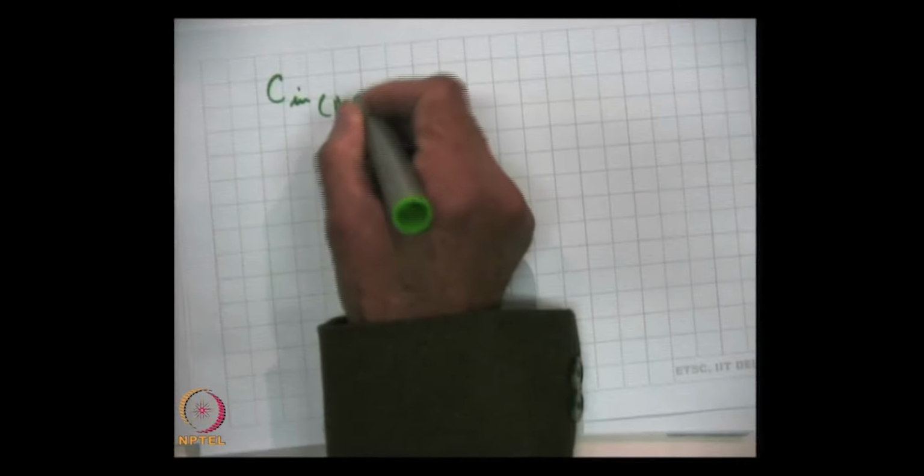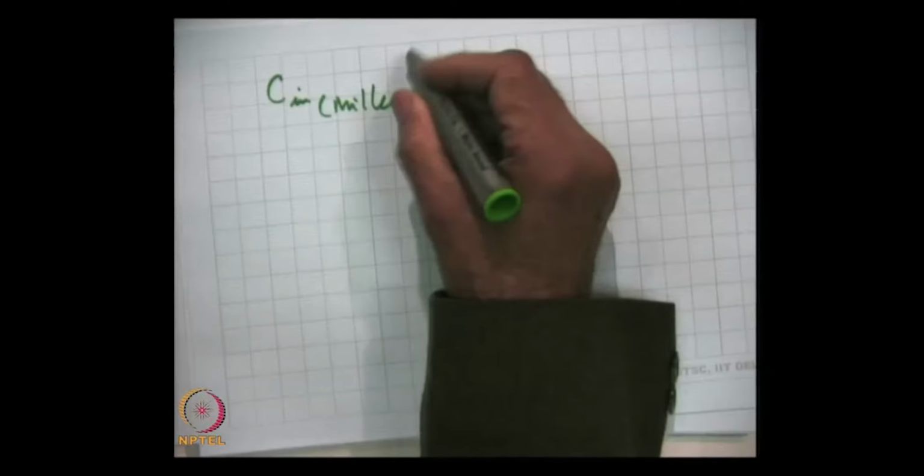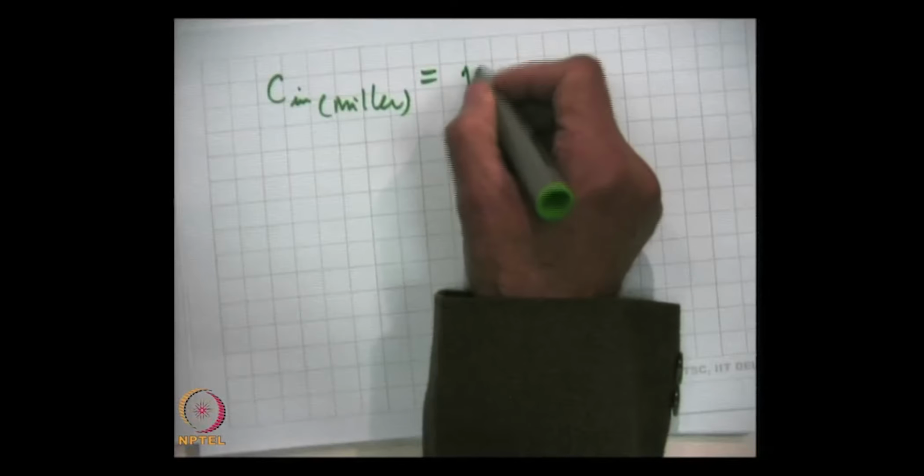Gain we have taken as 100. So, C in Miller in this particular example will be equal to 100 microfarad from 1 microfarad.